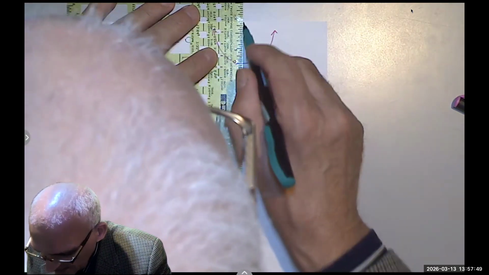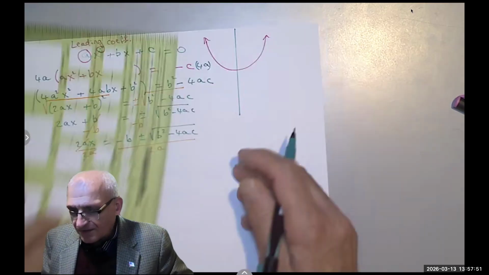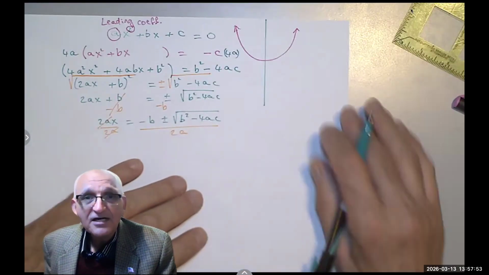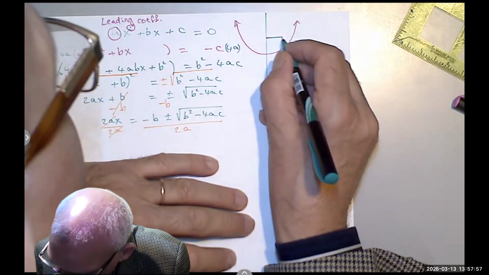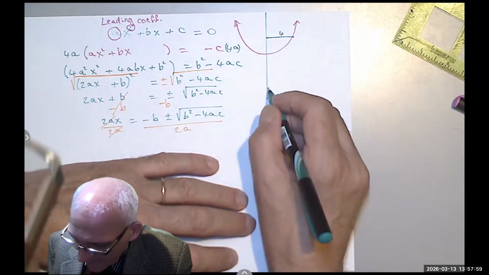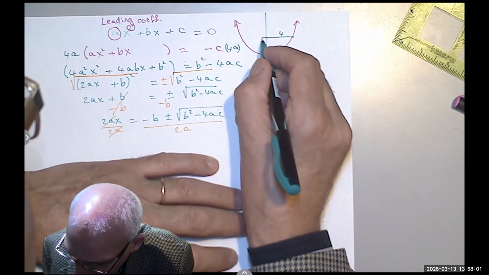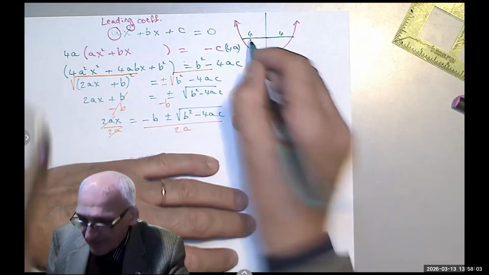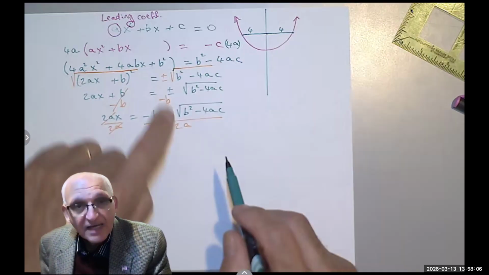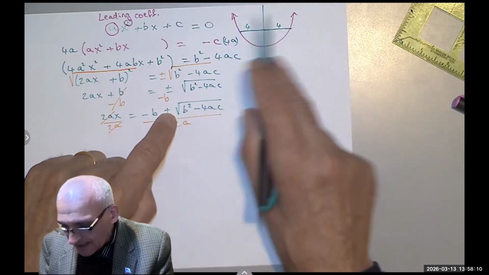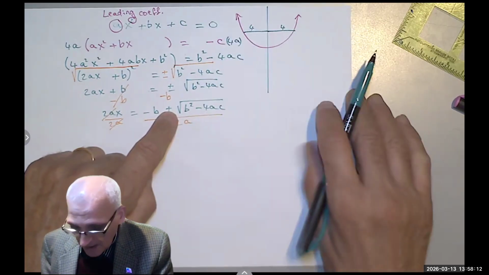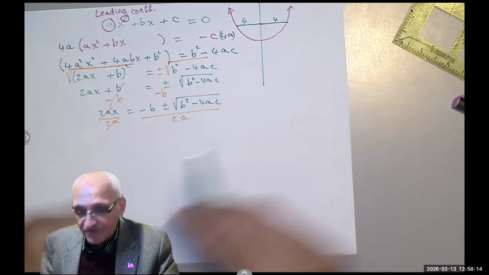We call it axis of symmetry because the right-hand side and the left-hand side are mirror images. Meaning, if I have a point that is, say, 4 units to the right of the axis of symmetry, there must exist another one 4 units to the left. That's the plus or minus. So 1 to the right, 1 to the left, they are equal. And that's why we have the positive or negative.